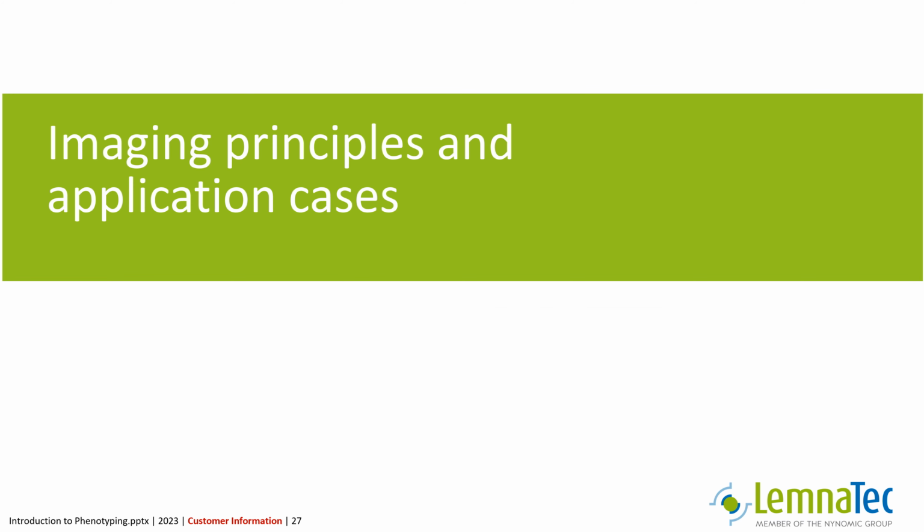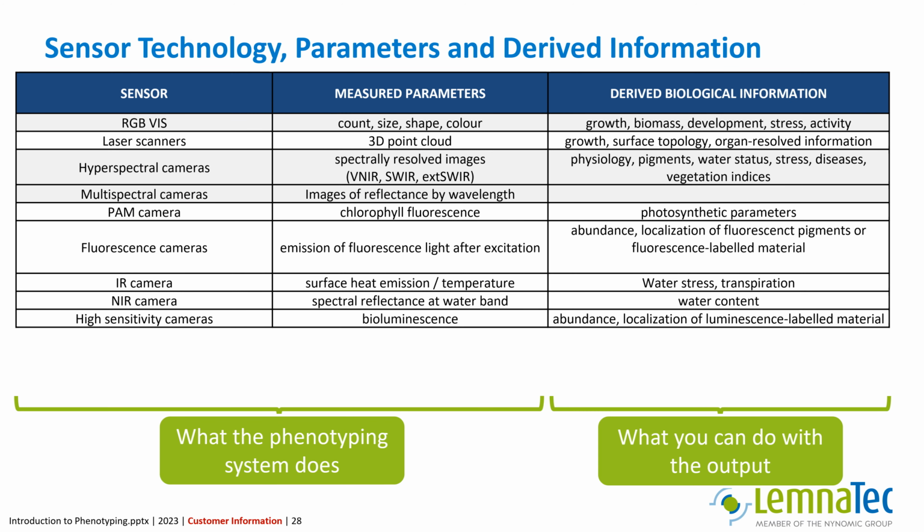Having spoken already about taking images, what are the typical imaging principles and their application cases in phenotyping? This table gives an overview on the imaging technologies, the measured parameters, and the derived biological information.